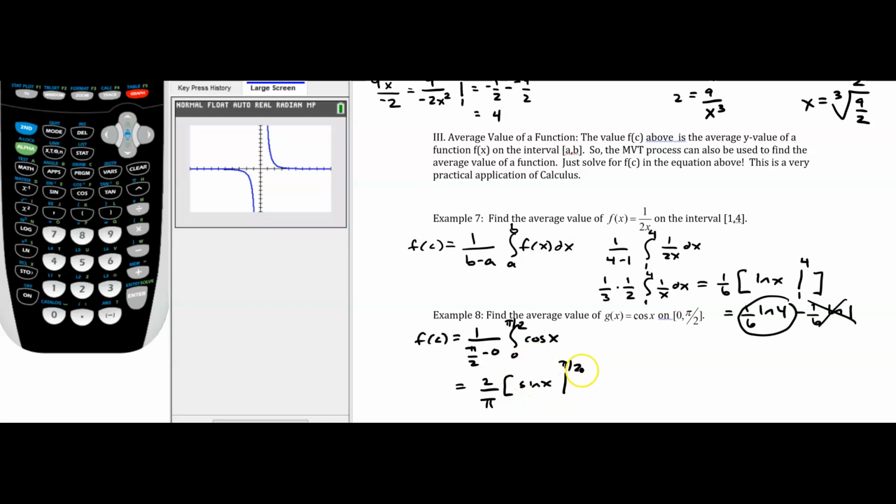Let me plug in my upper limit, subtract what I get when I plug in my lower limit. So this gives me 2 over pi times the sine of pi over 2 minus the sine of 0. The sine of pi over 2 is 1, and the sine of 0 is 0. So since this is just 1 and this is 0, this gives us an average y value of 2 divided by pi.